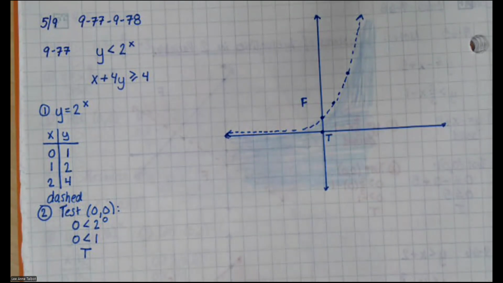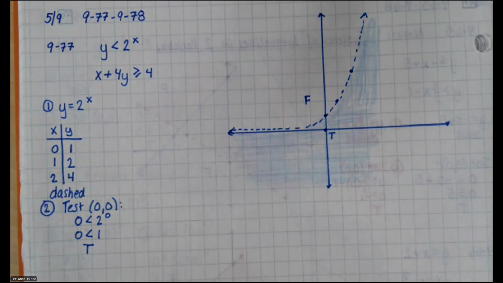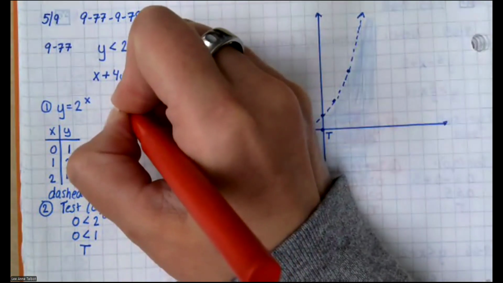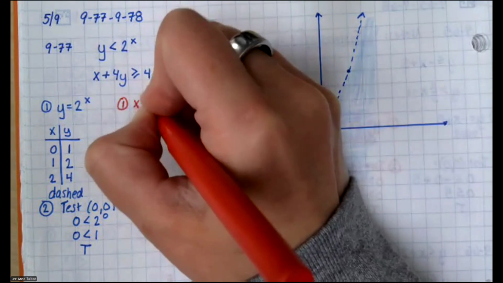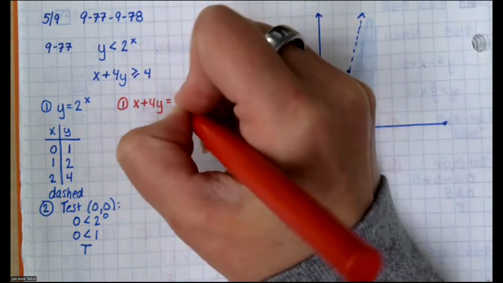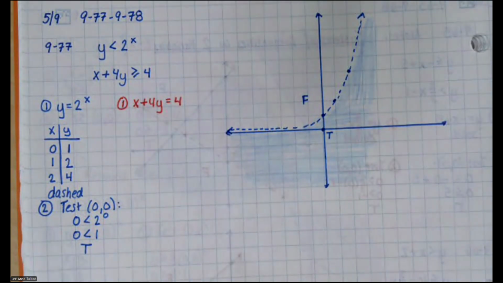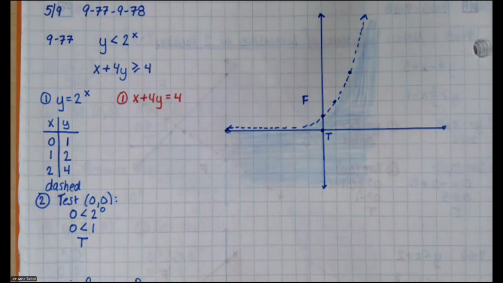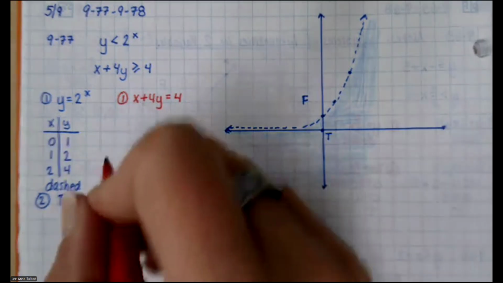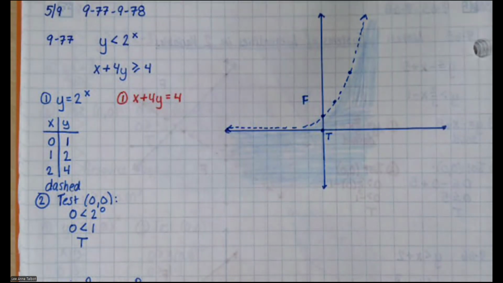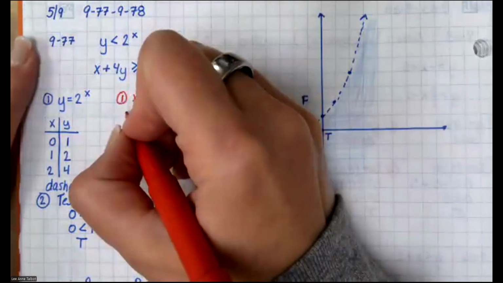Okay. Now the other one, I'm going to do it in red so I can see. This one, I have to get y by itself. Just again, if you're going to ask me, the one on your quiz, y is already by itself.